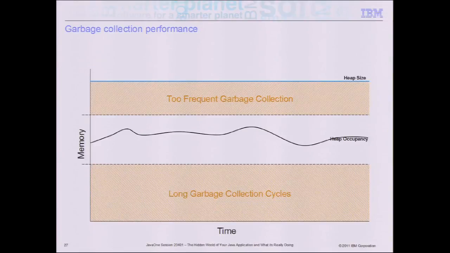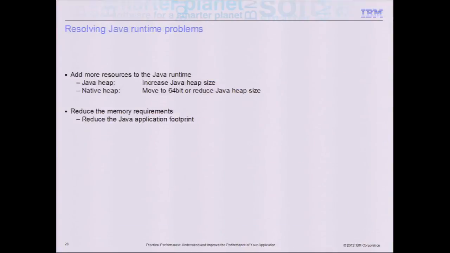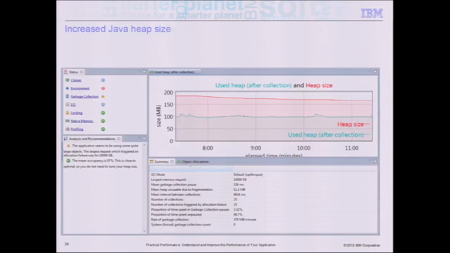So we've gone from our case where we're using about 90% of memory. And if I then increase the Java heap size, so I get it into this 40 to 70% window of occupancy, and I rerun my test with my increased Java heap size, I'm now still using 100 megabytes worth of live data, but my heap size is now more like 160 megs.